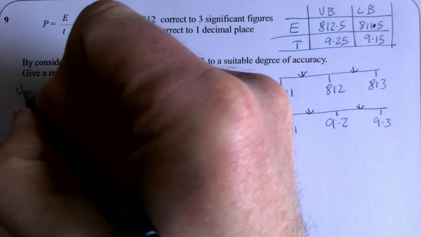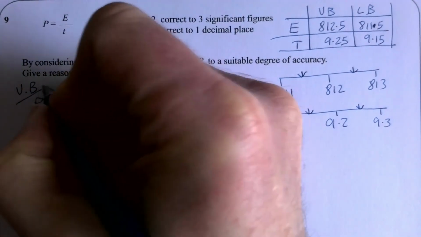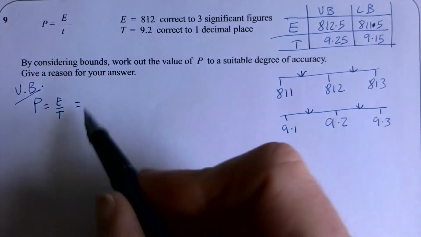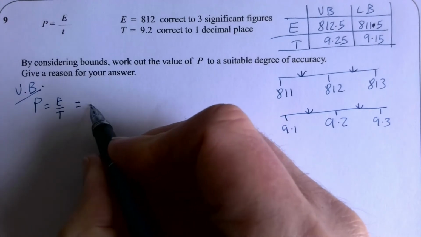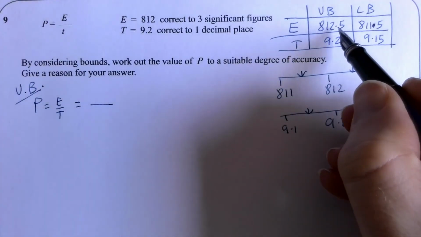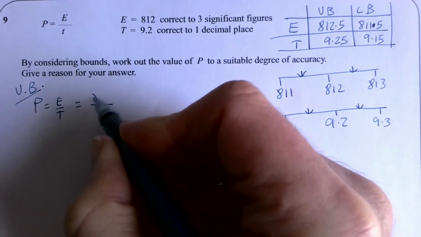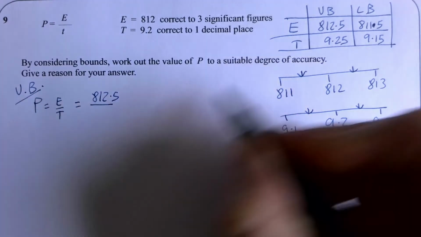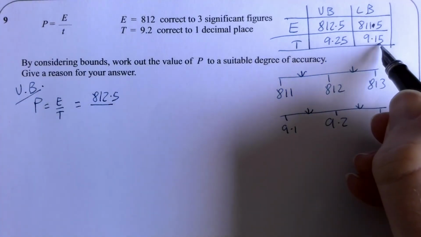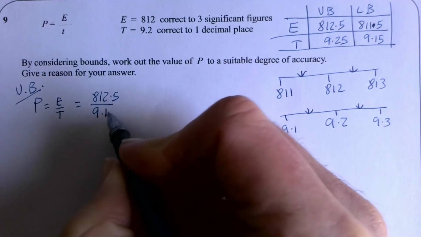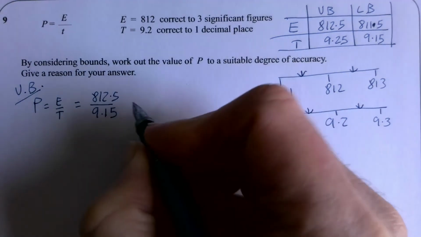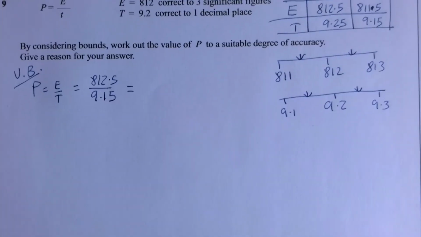So the upper bound, first of all, is going to be, remember we need the biggest value divided by the smallest value, don't we? So we're going to take the upper bound for E, 812.5, divide it by the lower bound for T, 9.15. And we'll put that in the calculator in a moment.